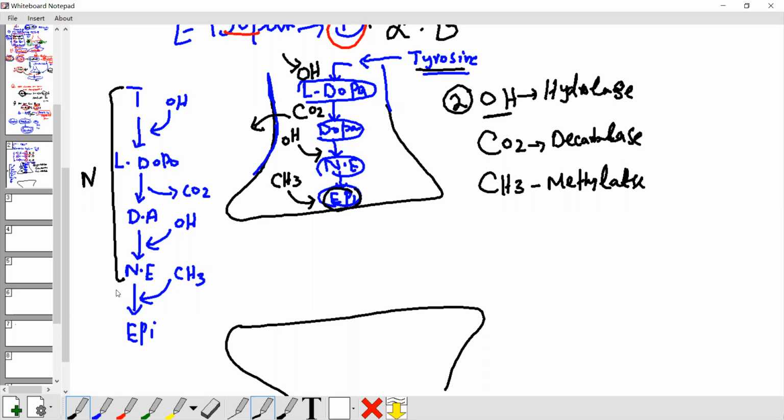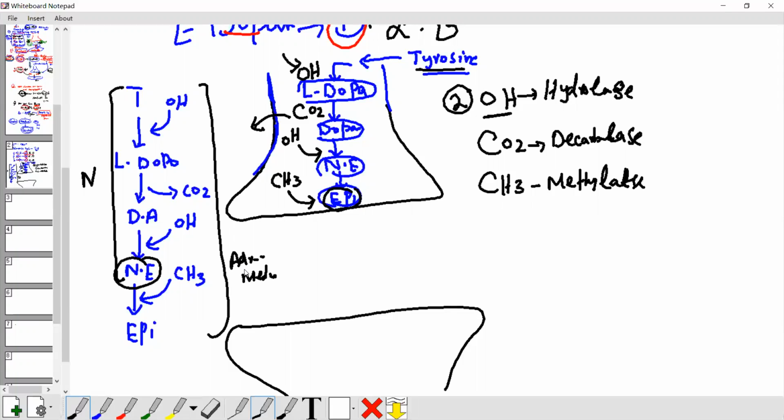They only produce norepinephrine. The second thing is that all four enzymes are present in the adrenal medulla. Only the adrenal medulla cells produce epinephrine and norepinephrine.